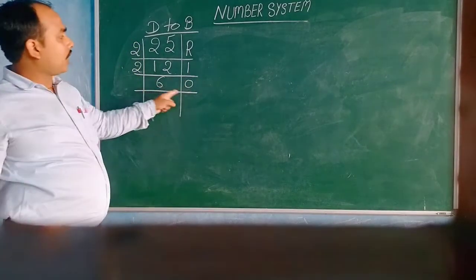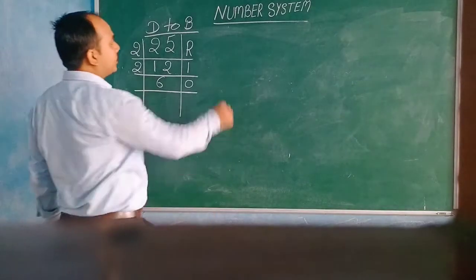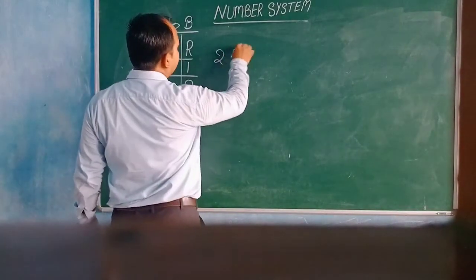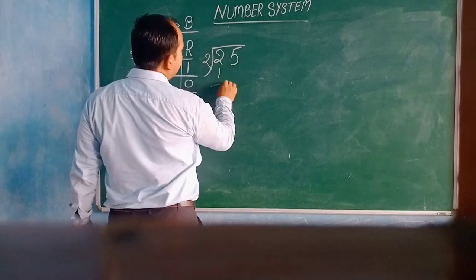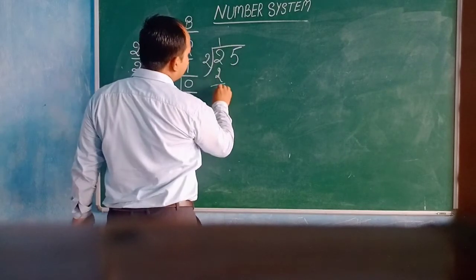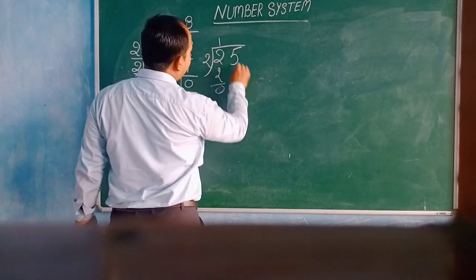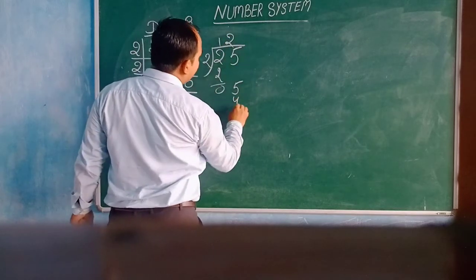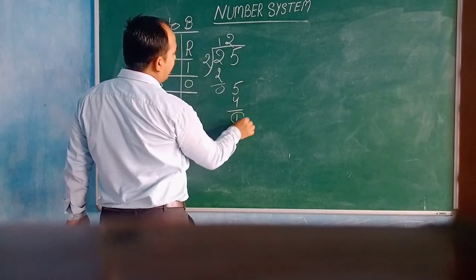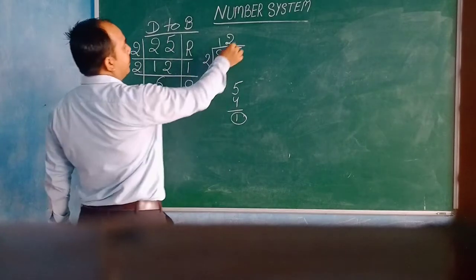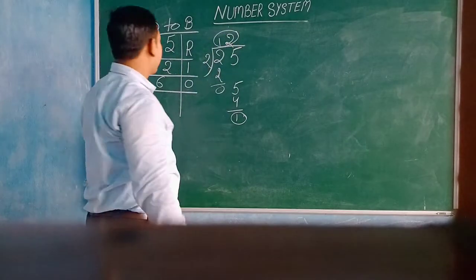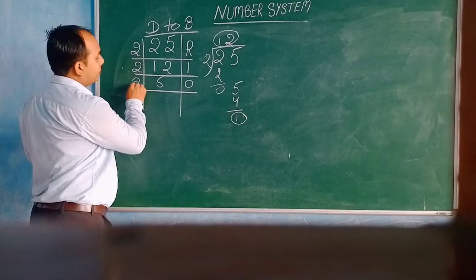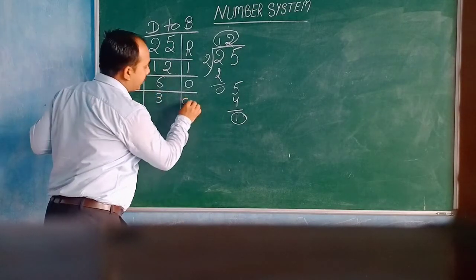All of you understood now how to write it. Suppose you have 25 here. We will divide 25 by 2: 12 times, remainder 1. Then 6, remainder 0. The remainder we always write on this side, and the quotient on the other. Then 2, 3 times, remainder 0.